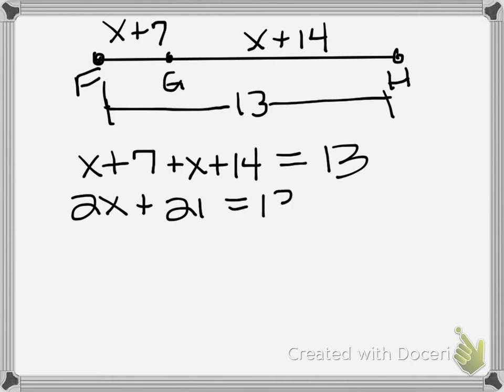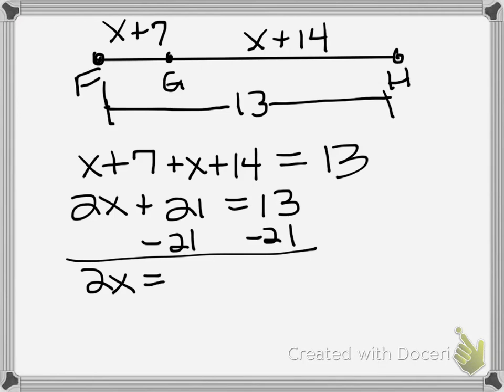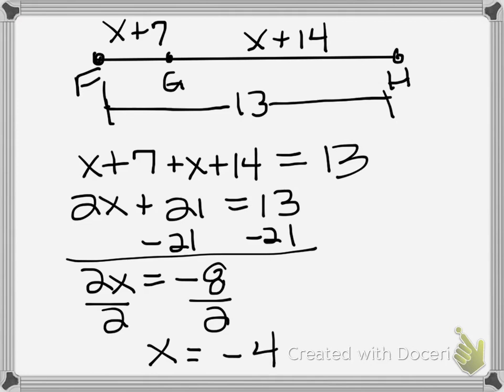And that equals 13. We need to subtract the 21 from both sides. So we have 2x equals negative 8. We're going to divide both sides by 2, and x equals negative 4. And since we're asked to find x in this case, we're done with the problem.